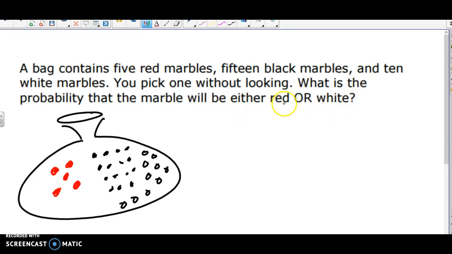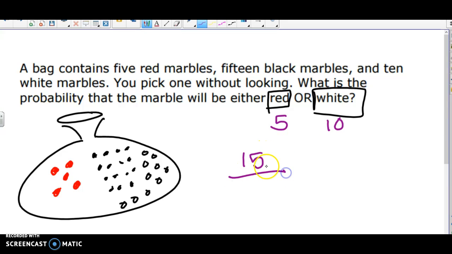So what's the probability that it would be either red or white? Well, I have 5 red and 10 white. So that's 15 choices. Out of my total, which would be 5 red, 5 black, and 10 white, is 20. So 3/4 or 75%.